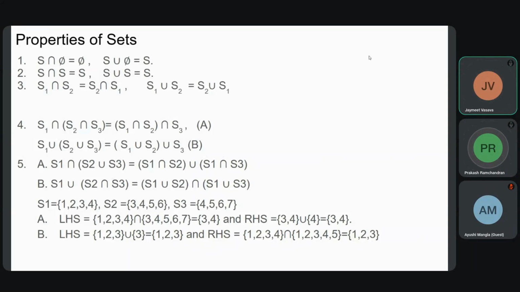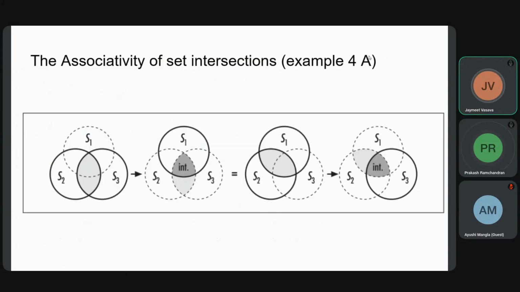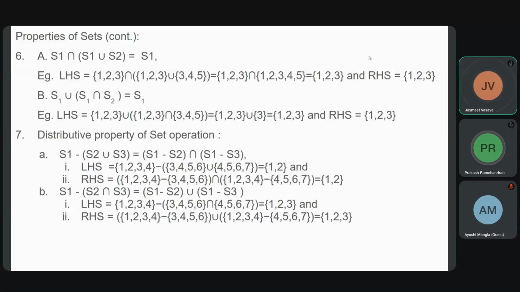You can also see an example solution, where sets S1, S2, and S3 and the elements that comprise them are given, and the LHS and RHS for both point A and point B. Continuing with the sixth point, these are mostly calculative ones, so I can't read over them, but you can see the examples being calculated and proved with the help of the example.